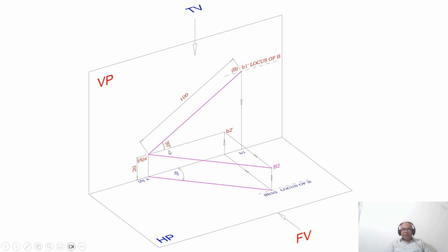Then only the line will become parallel to HP. So now A dash B2 dash is the line which is parallel to HP. Since A dash B2 dash is parallel to XY line in the front view, obviously the corresponding top view AB2 will be in true length. So you have the true length in the top view. How do I know that this is the true length? Because he has given the problem.